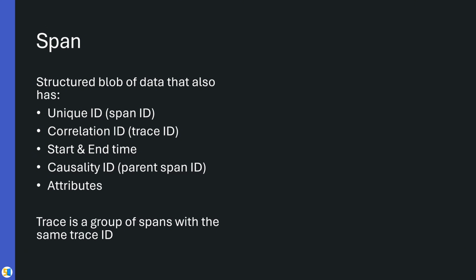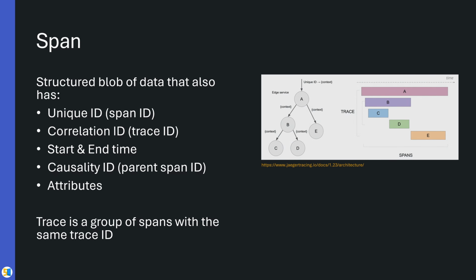Basically, a trace is a group of spans with the same trace ID. So if you can see here, a trace consists of multiple spans. And these spans will have one trace ID, which is the correlation ID. And each span will have a unique span ID.